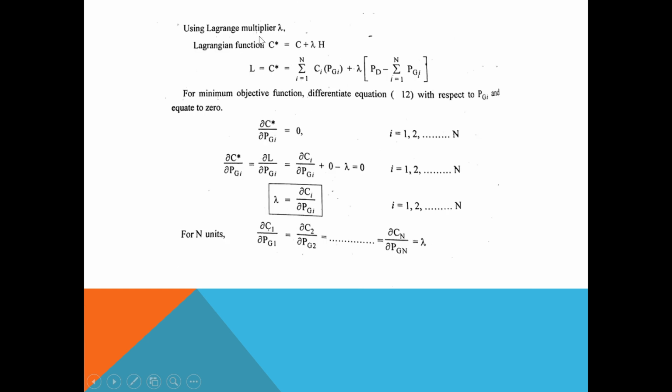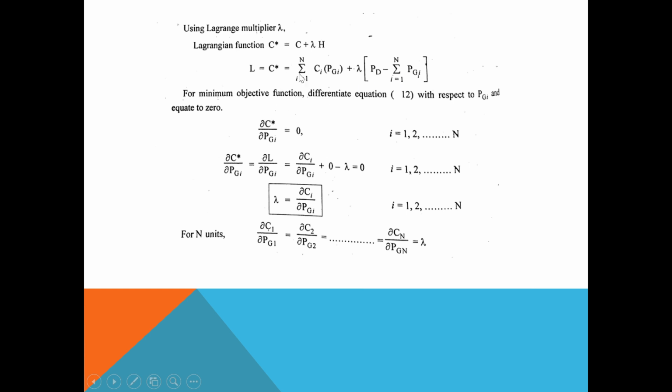And then using Lagrangian multiplier, we have to form the cost equation. C star is nothing but C plus lambda into H. So C star equal to C of Pg plus lambda into the power balance equation, Pd minus Pg.